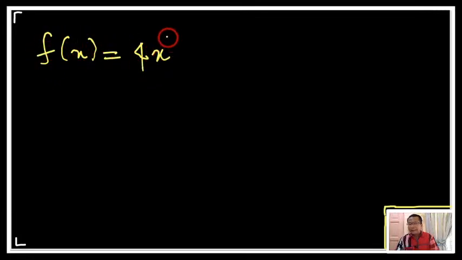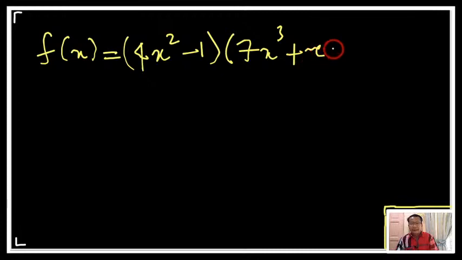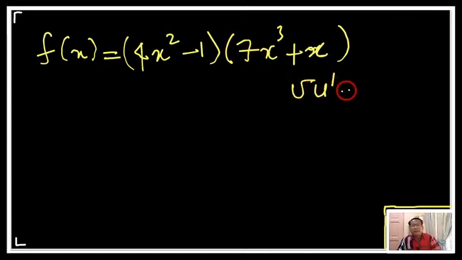If you have f(x) equal to 4x squared minus 1 times 7x power 3 plus x, if you have two terms like this, you need to use the product rule. The formula is simple, v u prime plus u v prime. So one is u, one is v.